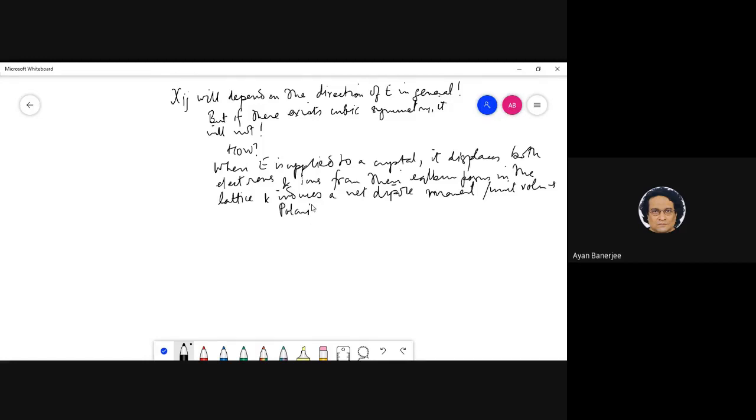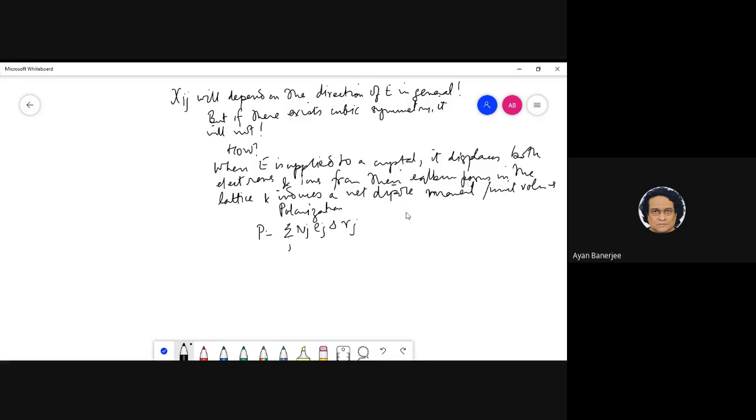So now if I may write this, P equals the summation over j of Nj qj delta Rj. Here I'm making an assumption that at optical frequencies, typically the ions are so heavy that they are displaced very little. So typically it is only the electrons which contribute to the response.